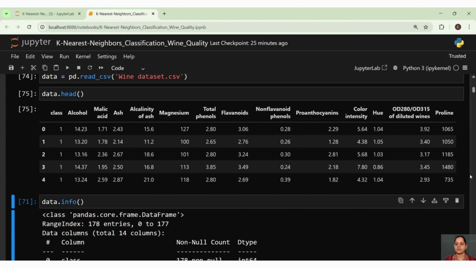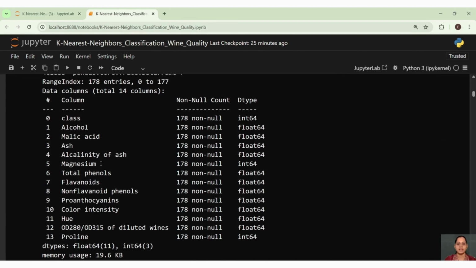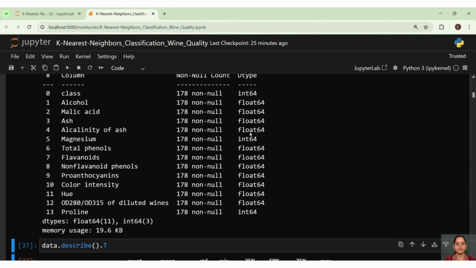Next, we have to get our data.info. We have to understand the info part, whether we have any non-null values or not. You see here we don't have any null values. However, sometimes the data is imputed with other characters, alphanumeric characters or some kind of symbols, so we will not be able to find out during this.